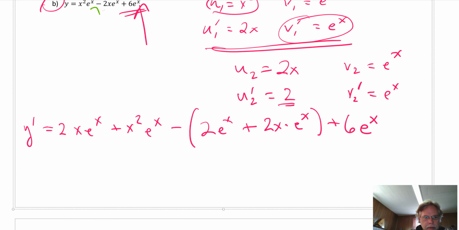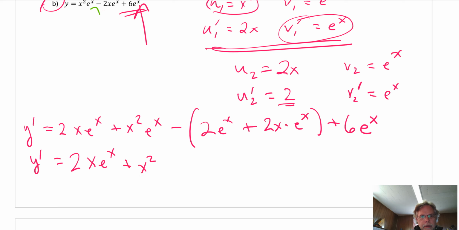So 90% of the way there. So we'll have y prime equals 2x e to the x plus x squared e to the x minus 2 e to the x minus 2x e to the x plus 6 e to the x.